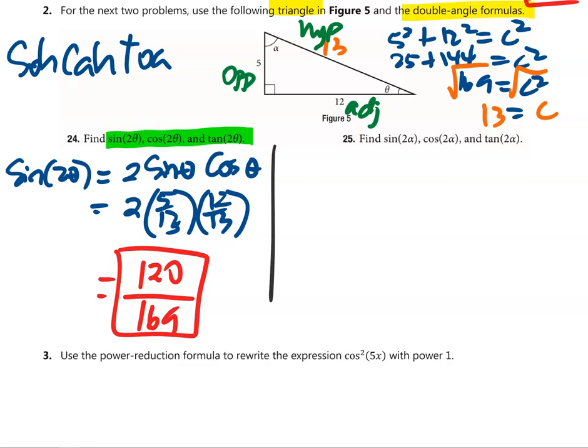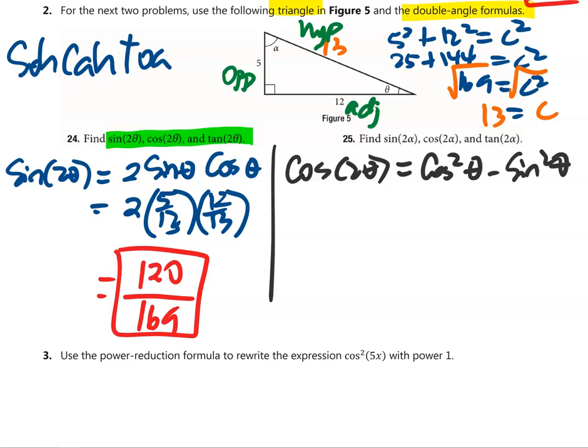Cosine 2 theta is equal to, you can use cosine squared theta minus sine squared theta. Cosine again is adjacent over hypotenuse, that is 12/13 squared, minus sine squared is 5/13 squared.